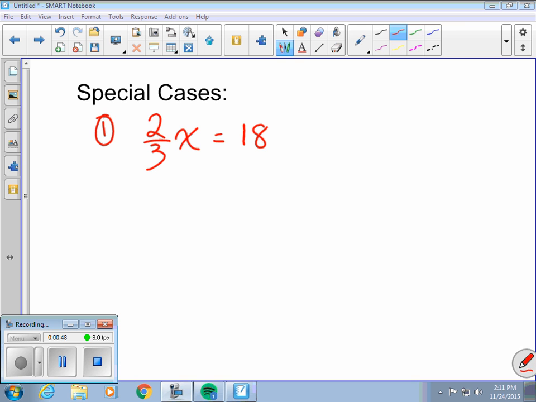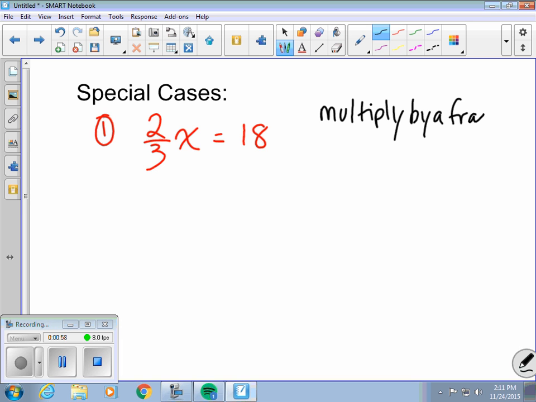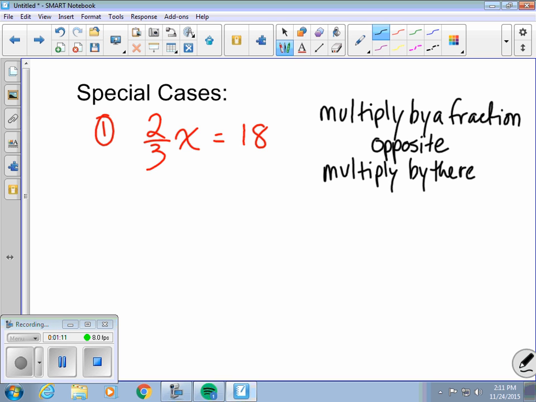Technically, the opposite would be to divide. But in this case, when you are multiplying by a fraction, the opposite is to multiply by the reciprocal.